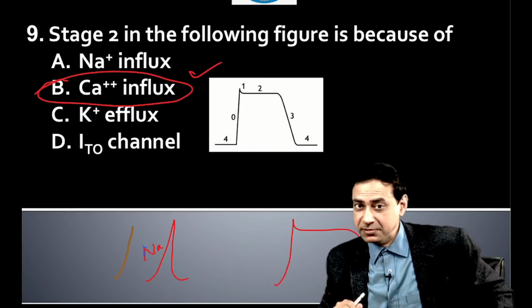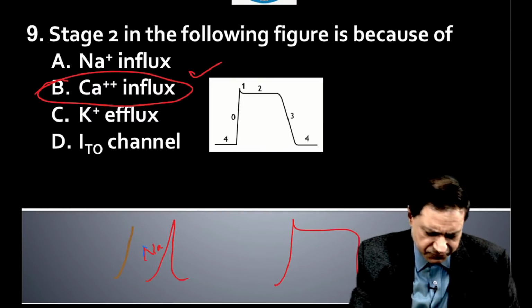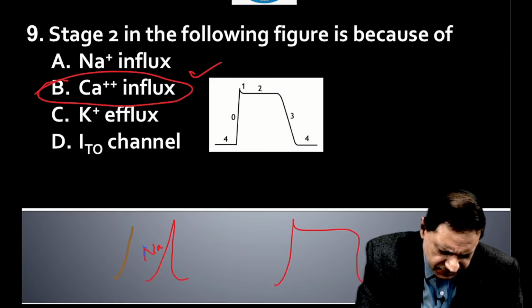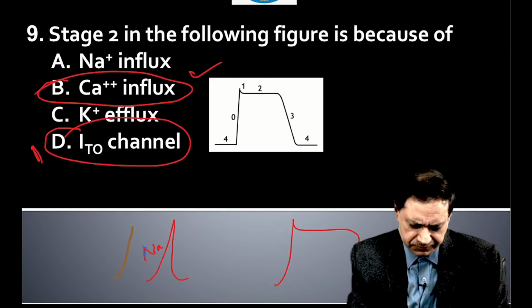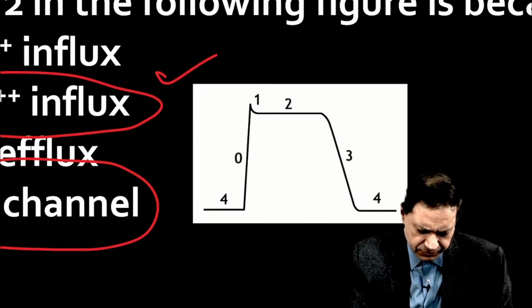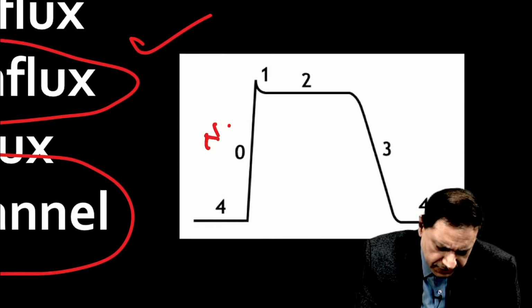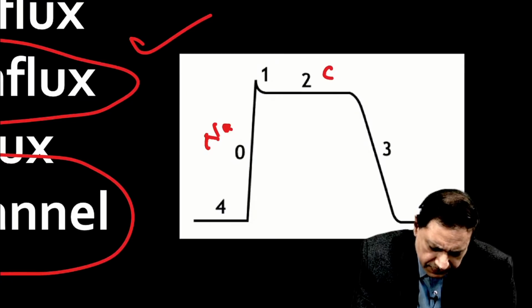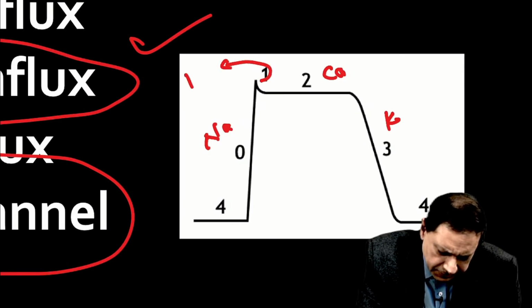Stage 1 is because of this. If you can remember, this is responsible for stage 1. If you see this, this is because of sodium influx, this is calcium, this is potassium, and this stage 1 is because of ITO.